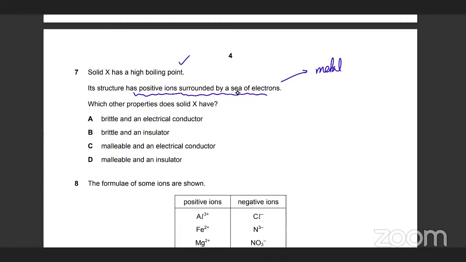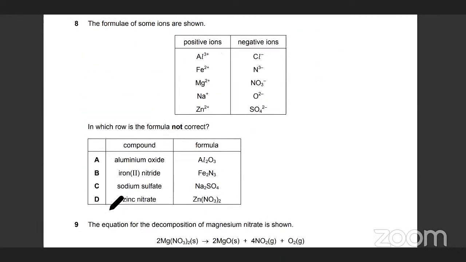Metals have high boiling points most of the time, except for a few exceptions like mercury. So which other properties, since it is a metal, which other properties would it have? C. Okay, so it's going to be malleable and electrical conductor. Okay, exactly.